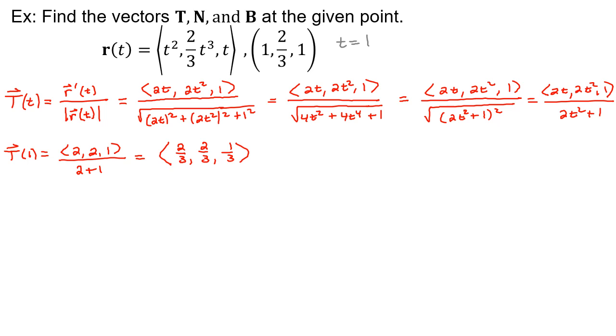But like I said, I have to do this in a generic version for this part because of my unit normal vector. My unit normal vector is the derivative of the unit tangent vector divided by the magnitude of the unit tangent vector's derivative.